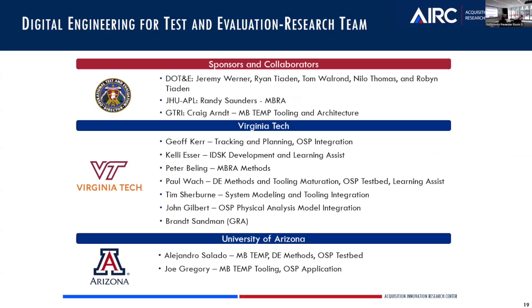We have John Gilbert, another person I didn't talk about earlier. He's in the Mission Systems group at Virginia Tech National Security Institute, and he's helping us shape a lot of that analysis and some of the multi-physics modeling that we're doing on these Lego robots. And then again, we have our University of Arizona friends, Alejandro and Joe.